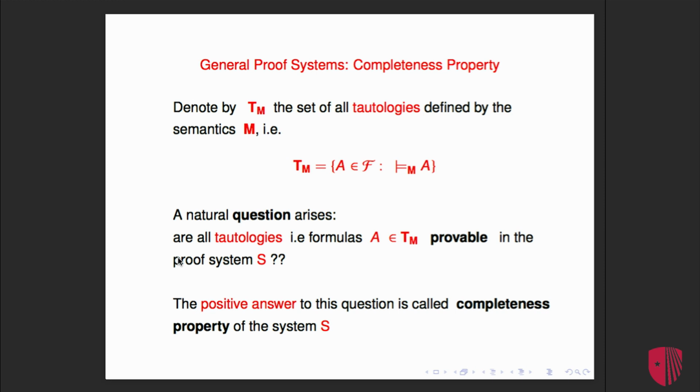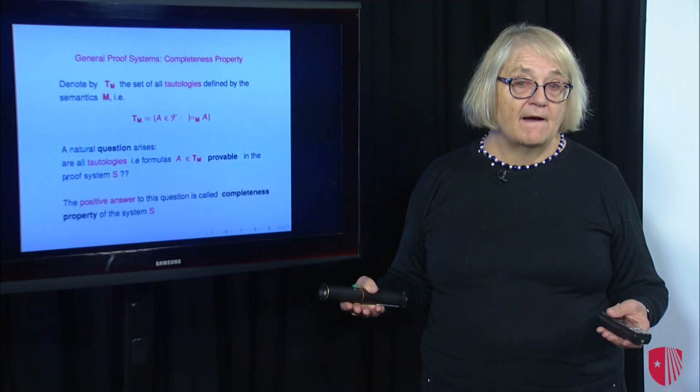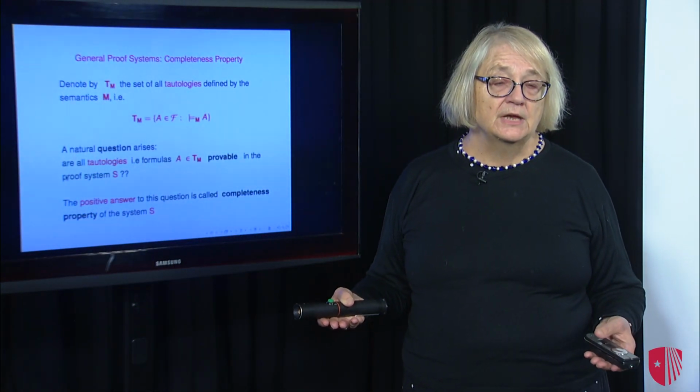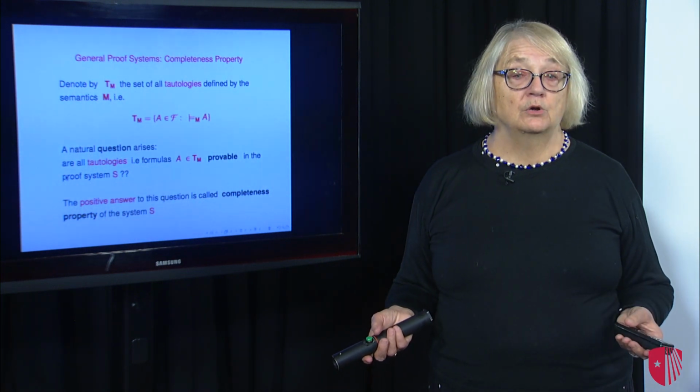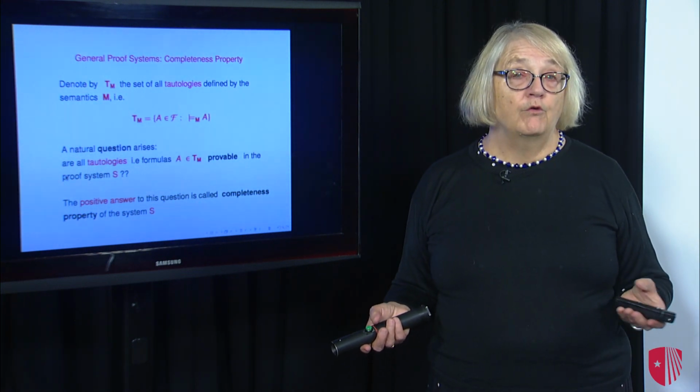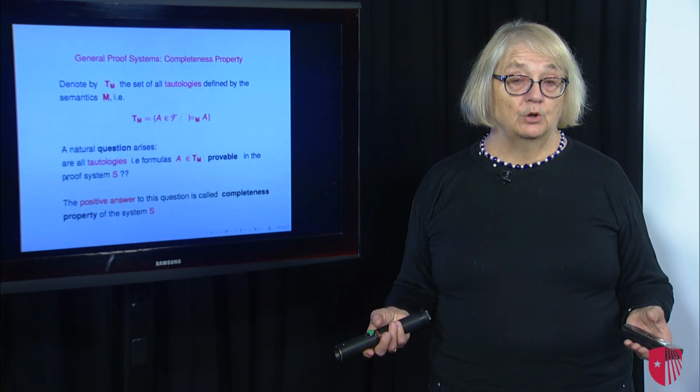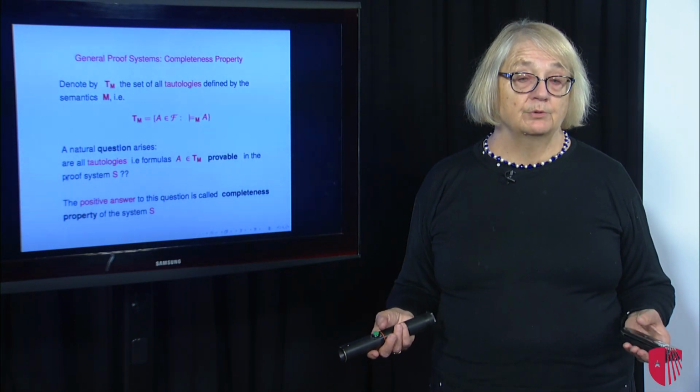So TM is the set of formulas of the language F of the system which are tautologies under semantics M. So when we have tautologies, because semantics is defined by the set of tautologies, we have a natural question. Are all tautologies, it means all formulas which belong to TM, provable in a proof system?